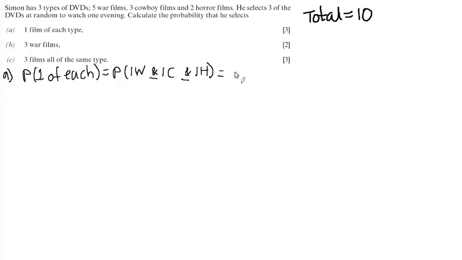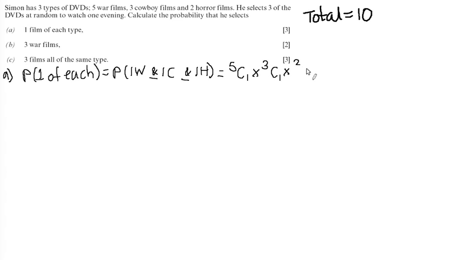When I calculate this, the number of ways to pick 1 war film from 5 is 5 choose 1. This is going to combine with, because it's and 1 cowboy, so we're going to multiply the number of ways that we can pick 1 cowboy film from 3. So that's 3 choose 1. And then this is going to be multiplied because it's and, it's got to happen with the event of picking 1 horror from 2.